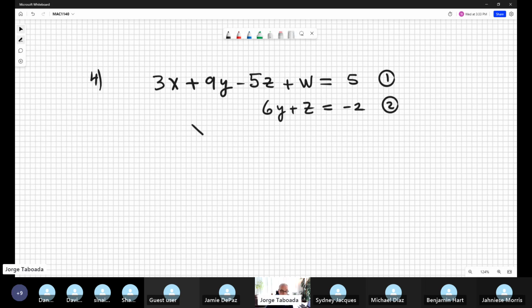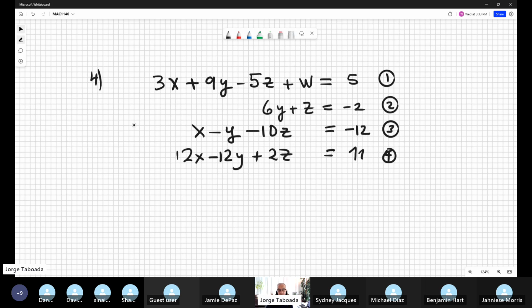The third equation is x minus y minus 10z, so no w, equals minus 12. I organize, look, the equal sign guides me. After, in the matrix you see more clearly because now it's disorganized. The last equation is 12x minus 12y plus 2c equals 11.